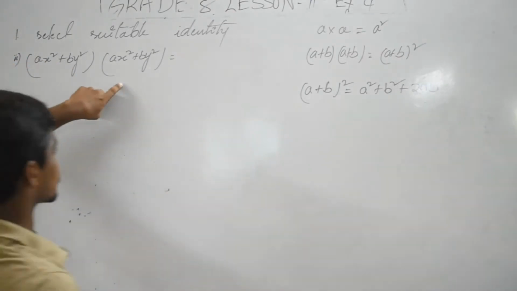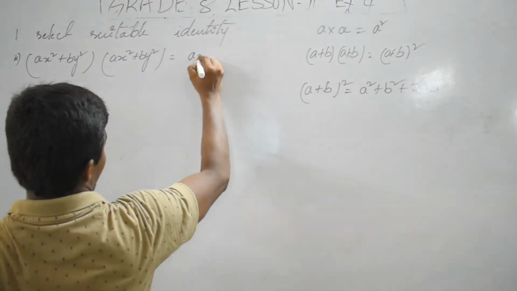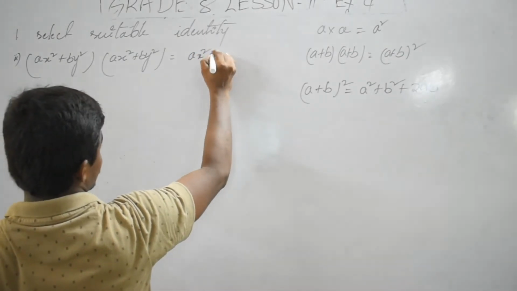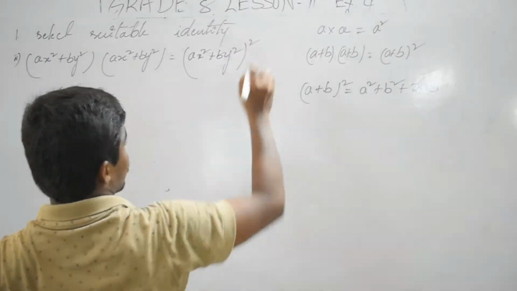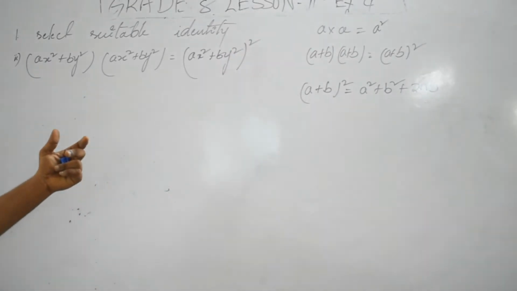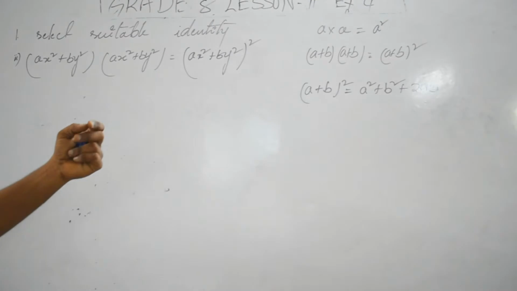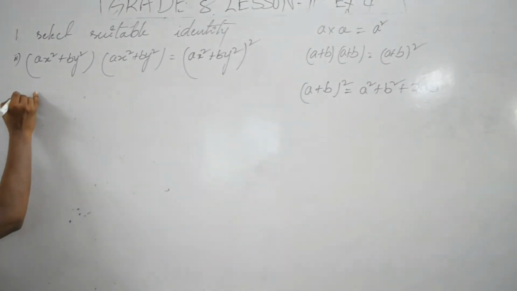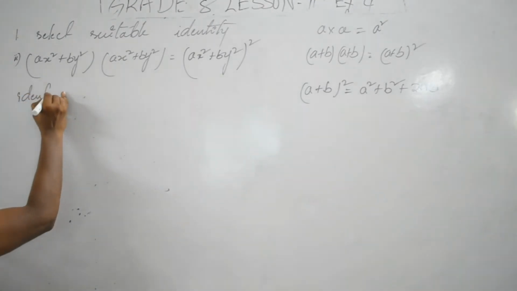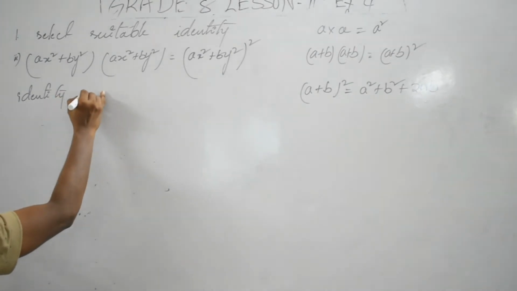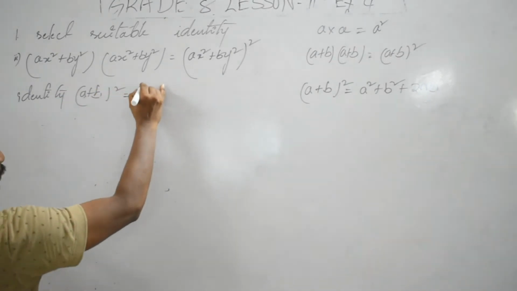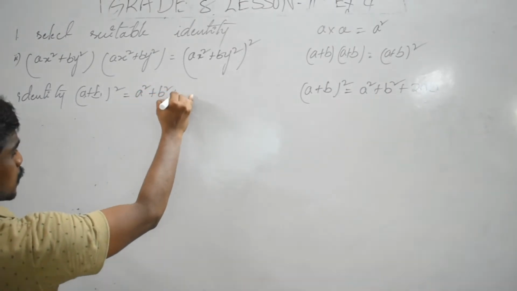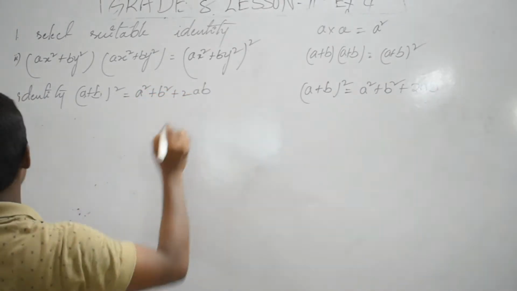So the same expressions we multiply: (ax square plus by square) whole square. Now which is the identity? (a plus b) whole square is equal to a square plus b square plus 2ab.